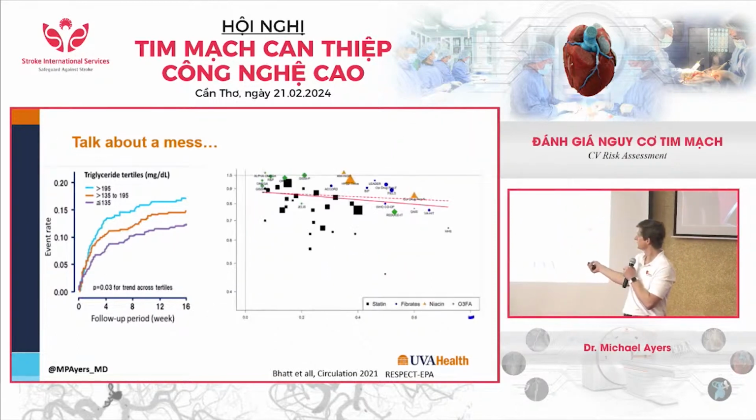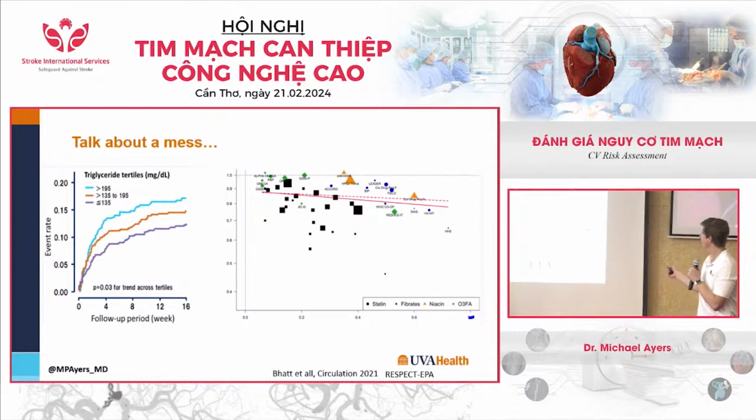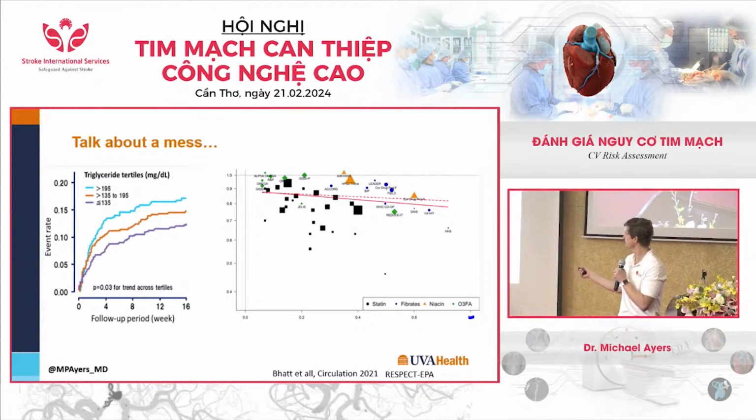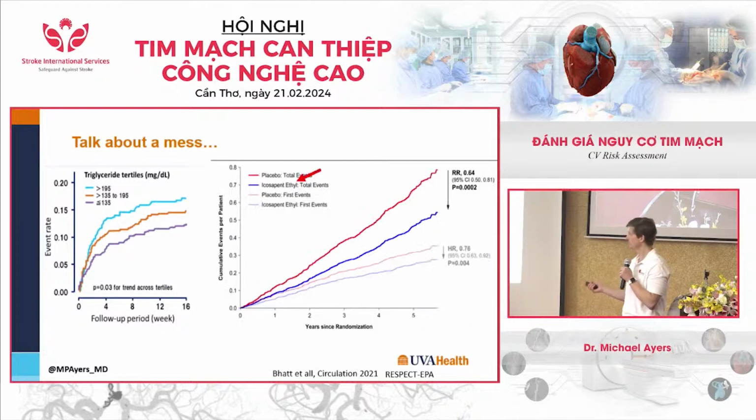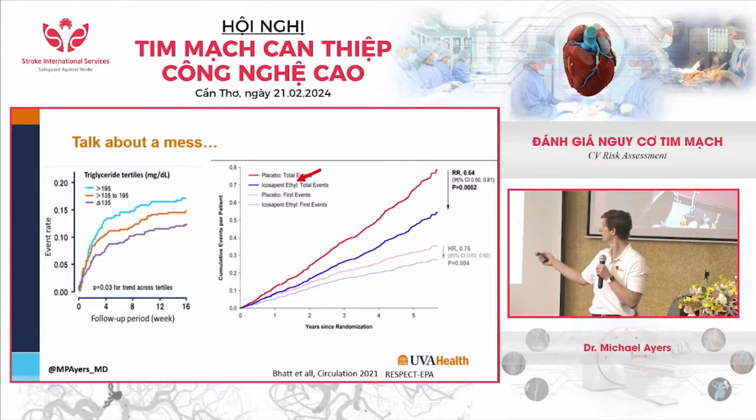This is the compendium. This is all of the trials ever done on triglyceride lowering. You see how flat this curve is. If there is risk reduction from triglyceride lowering, it's not very impressive. Additionally, the main trial that's driving that tiny benefit I just showed you was with Vascepa, icosapent ethyl.